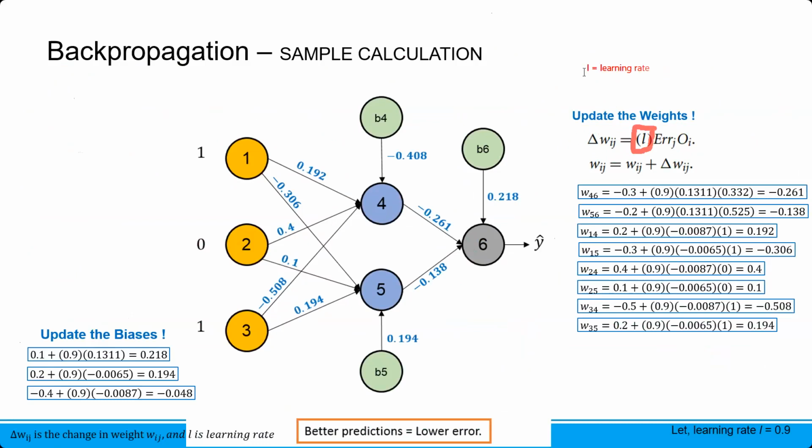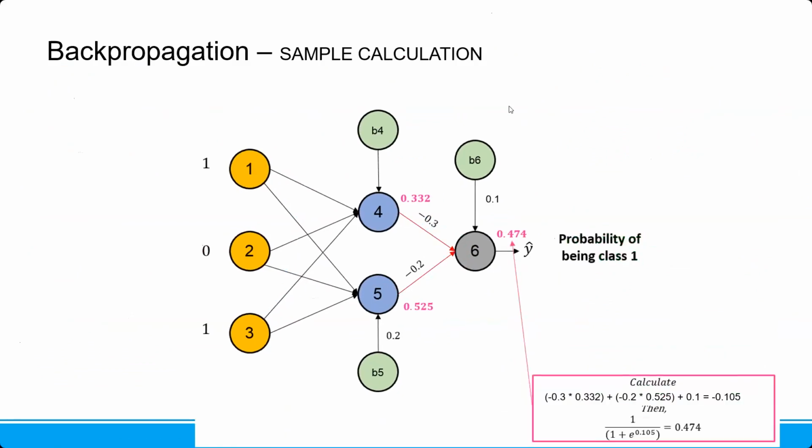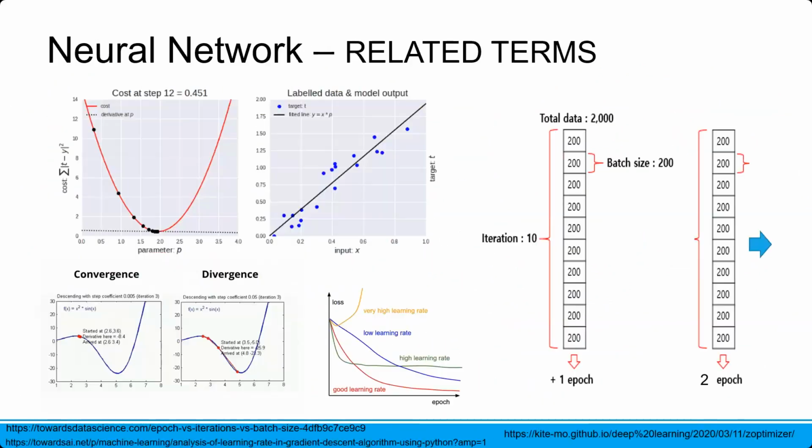I already mentioned to you in the last lecture, we have the learning rate. If the learning rate is high, what happens? We worry about overshooting. If the learning rate is very low, it will take a lot of time to do the calculation.